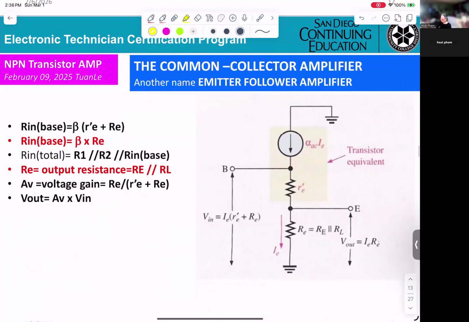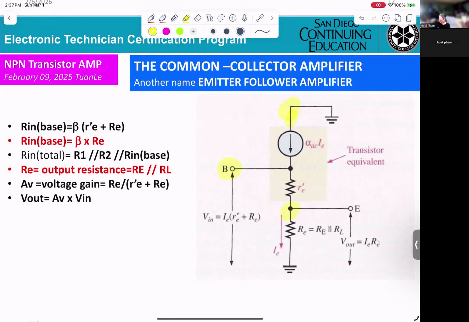Now we draw the common collector or emitter follower amplifier. Same thing. This is the base, and this is the collector here, and this is the emitter.